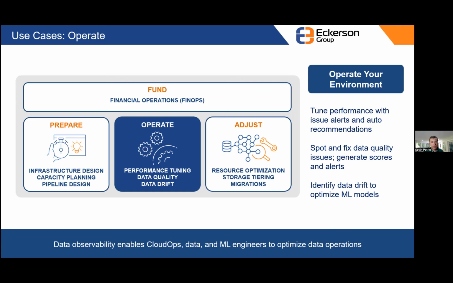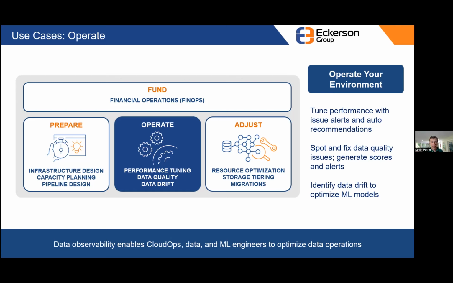So if you train a machine learning model on consumption behavior for your shoppers last month, and then there's a big event this month, your consumers are going to change their behavior, and the data values are going to drift beyond what your machine learning model was trained to expect.